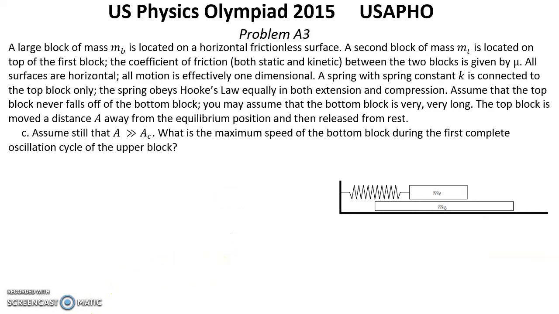Solution for question C. When the top block is moving to the left, it exerts a force of friction on the bottom block during half of the period of this oscillation for the top block, and the period equals 2π multiplied by the square root of MT over k, and the total time this block will accelerate the bottom block is T over 2, which is this one.